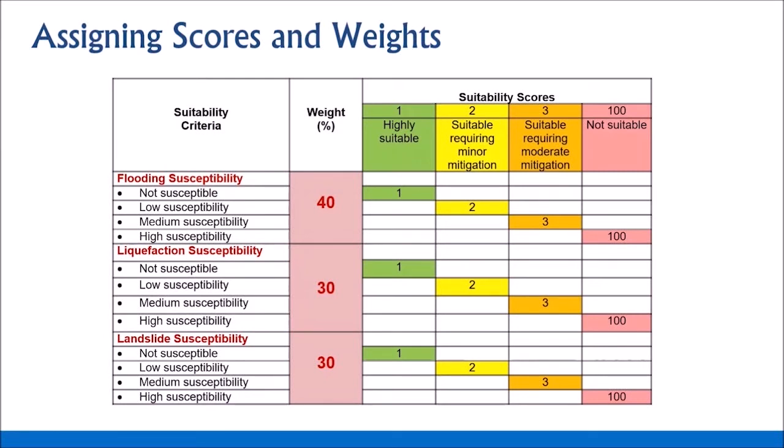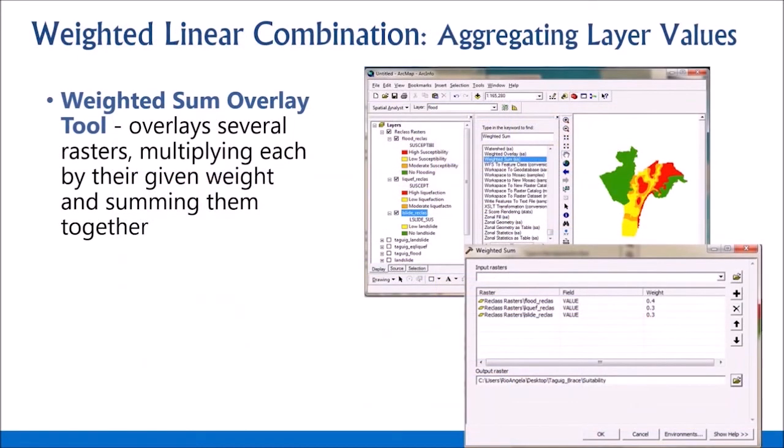And then we set the scores, and we use the weighted sum overlay tool in GIS, in ArcGIS. So this is simply overlaying the several layers or raster layers together by multiplying each by their given weights and summing them together. So as you can see here, you can set the weights.